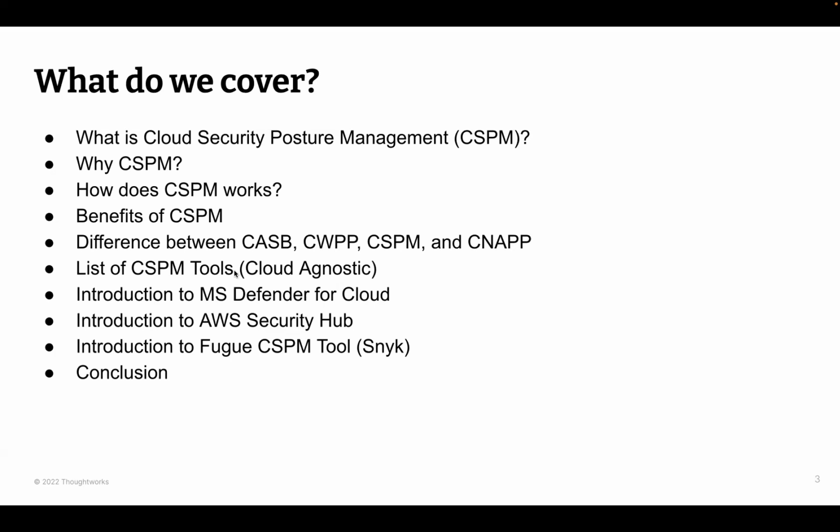I will be covering a couple of cloud native tools, like Microsoft Defender for Cloud in Azure and AWS Security Hub. Due to my interest, I've taken one more tool, which is from Snyk. The last is the conclusion, why we need to go for it, and then question and answer in between as well as at the end of the session.